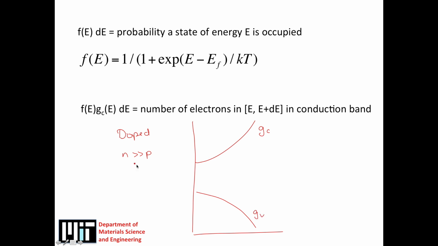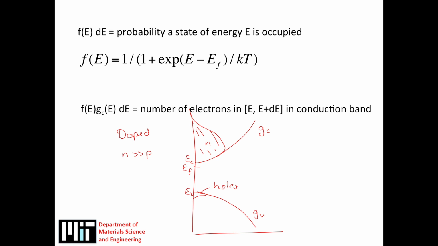If I'm going to have n much greater than p, the only way to get that is for the Fermi level to be much closer to the conduction band edge than it is to the valence band edge, so that the tail of the Fermi function extends up here and we get a much larger number of electrons. This area represents n. And down here we're at a very small number of holes.